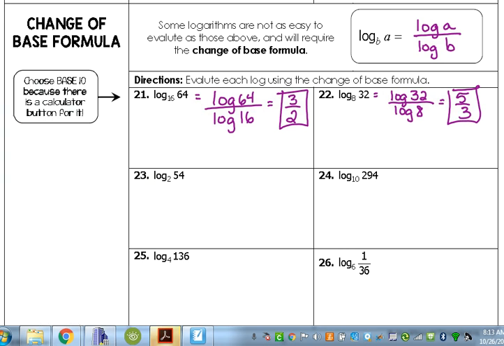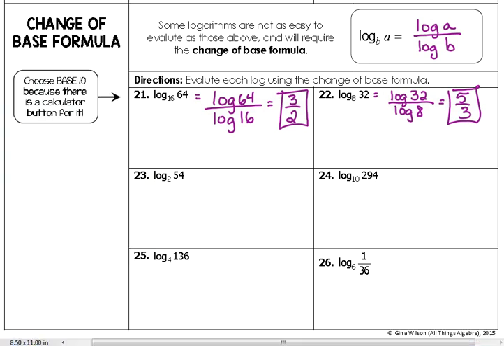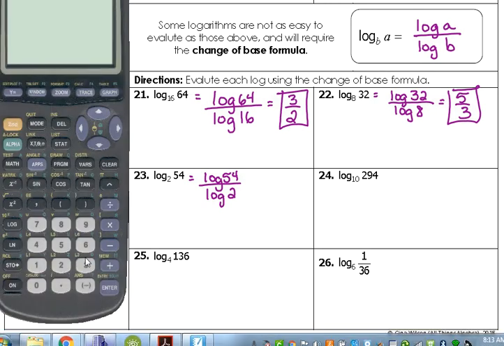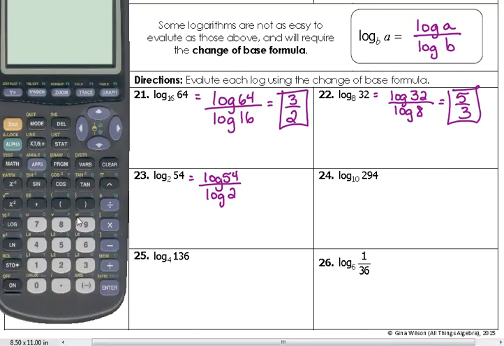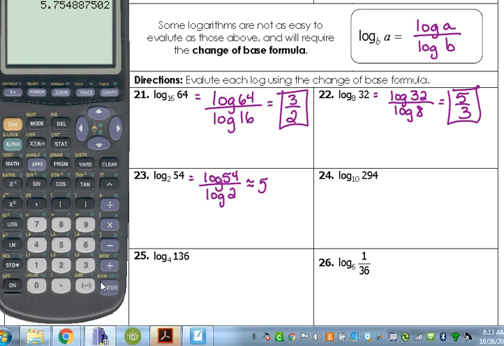Now, 23. Log base 2 of 54. 54 is not a power of 2, so we have to rely on our calculator here. Log of 54 divided by the log of 2. I'm writing it, and I encourage you to write it before you type it into your calculator, because a lot of people will forget this simple concept here, and they'll be totally lost as to how to answer these questions.